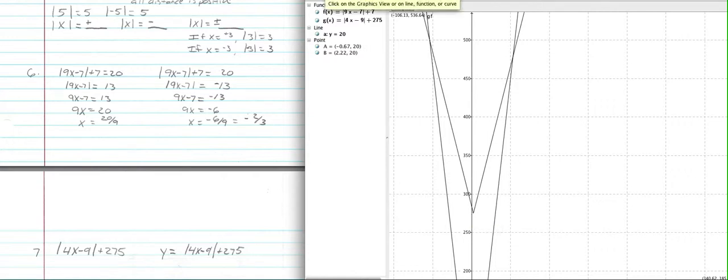Okay, I missed it a little bit, it's at 275. And so that's one way you can identify your graph: look for where the vertex is.